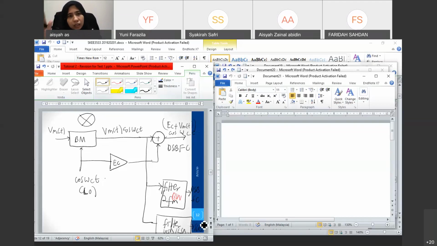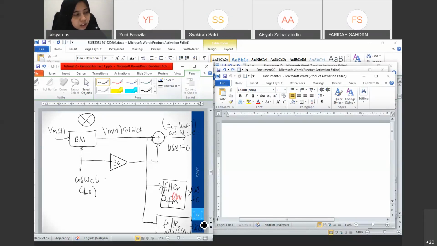It's not detailed, but for the test you need to understand the whole theory and apply how to generate this signal. Can you understand the block diagram? Doctor, so that means we cannot just directly take the block diagram from the lecture notes? Yes, cannot, because it's based on the questions. For this question, it means the balance modulator, filter, local oscillator.